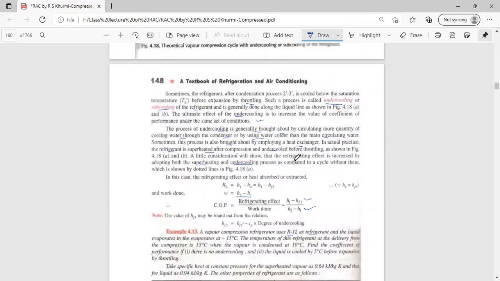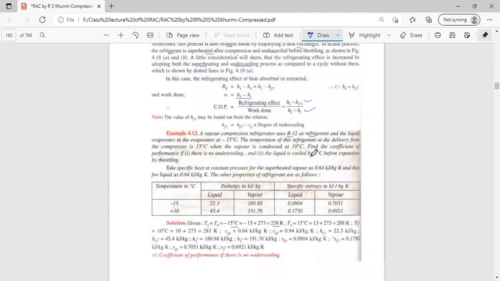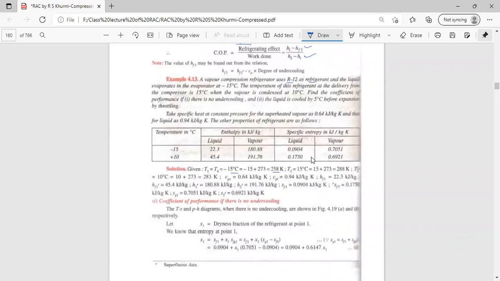So what happens? What is Cp? Cp for the vapor is 0.64 kilojoule per kg Kelvin, and the specific heat for liquid per degree rise and fall in temperature is given as 0.94 kJ per kg Kelvin. The specific heat for superheated vapor, per kg per degree rise and fall in temperature, is 0.64 kilojoule.